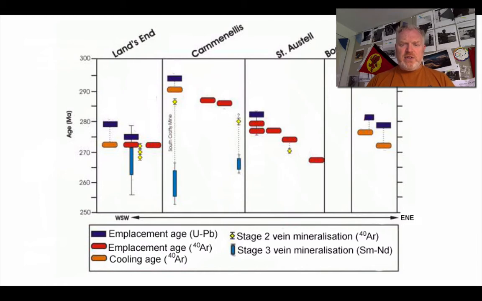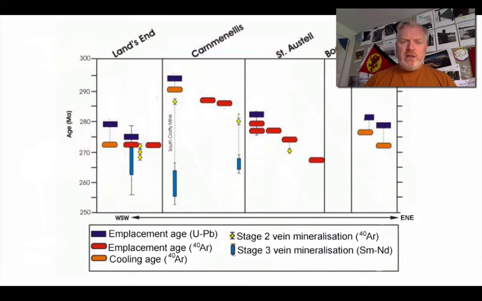Two dating methods in particular have been used for the intrusion of the granites. We do have some data about the mineralization that occurs around these intrusions from samarium-neodymium dating, but we're really interested in the dating of the granite itself.